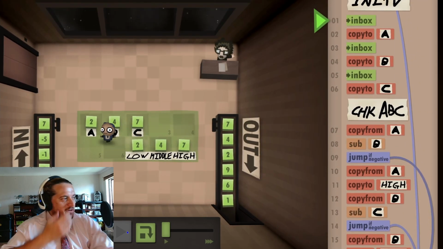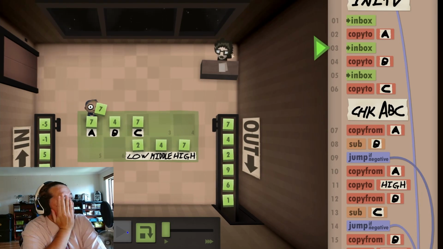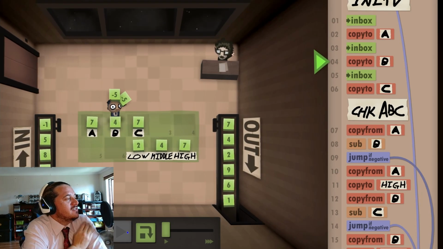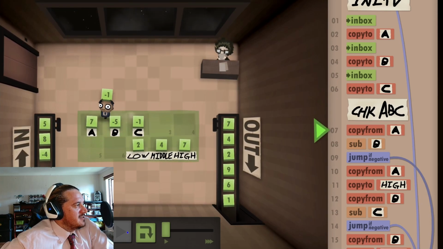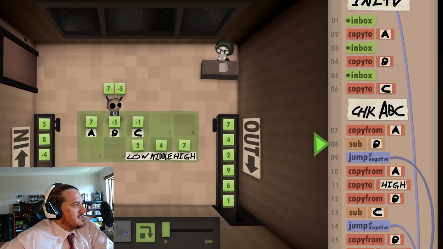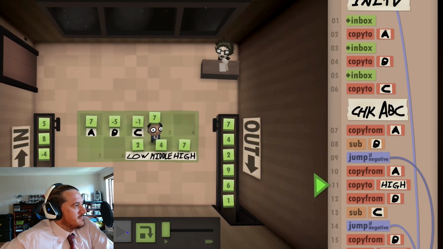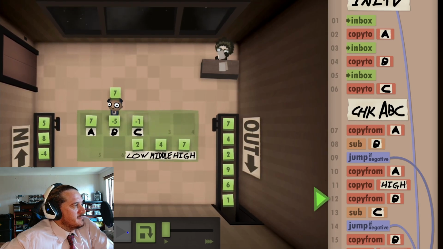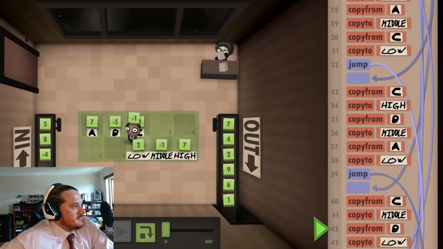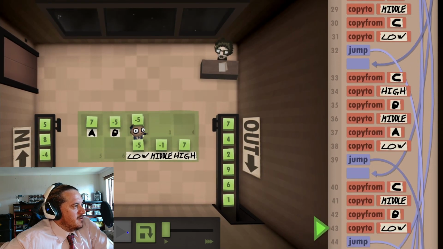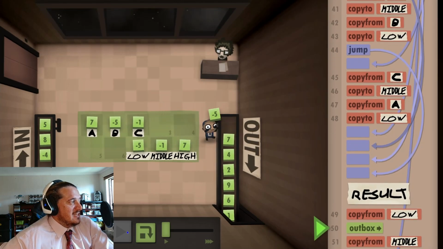Oh, those numbers are in negative format. Oh, it's going to go wrong. No, it's all going to go haywire. Maybe not. I think it's working. I think it's working.